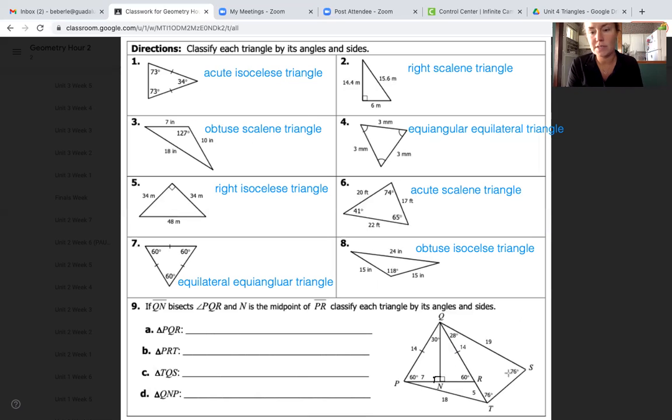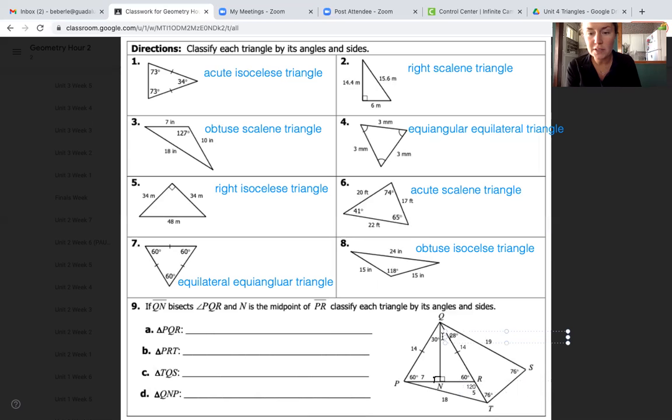Something else I notice is that this is a straight line and we only have half of the angle. So you can take 180 minus 60 and you find that this angle right here is 120. Okay. If we read the directions, it says that QN, which is this line right here, is bisecting PQR. So it's bisecting this angle right here.